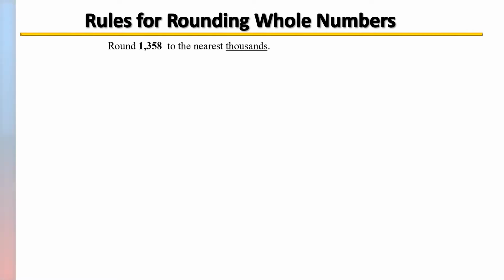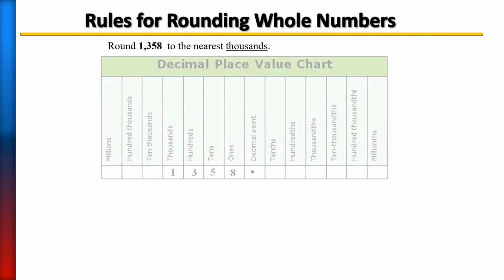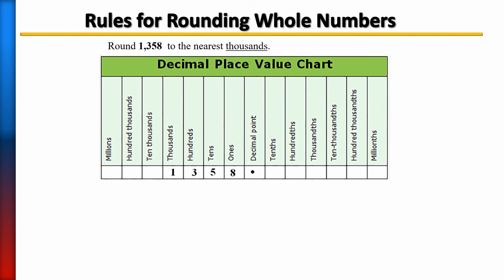So here we're asked to round 1,358 to the nearest thousand. If we look at our place value chart, you're going to have your decimal, and to the left of the decimal you have your ones, tens, hundreds, thousands, 10,000s, 100,000s, and millions place.